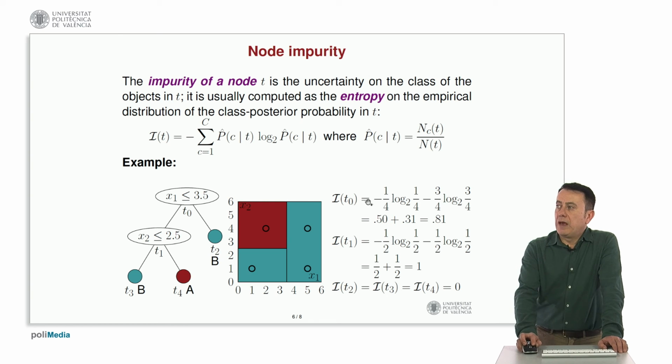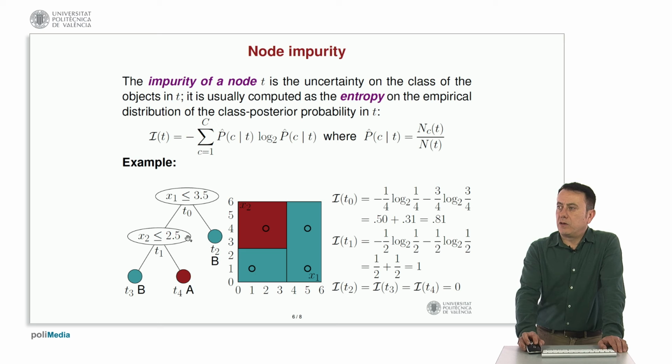So here I have an example for the root node that includes all samples. We have one sample from class 4, so it's 1 over 4 times the binary logarithm of 1 over 4, with minus in front. And then for the blue class, we have 3 over 4 times the binary logarithm of 3 over 4, with minus again, which is 0.81 impurity.